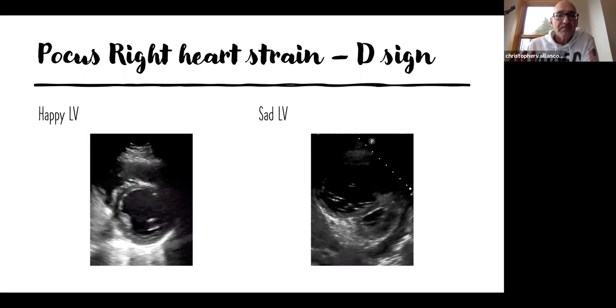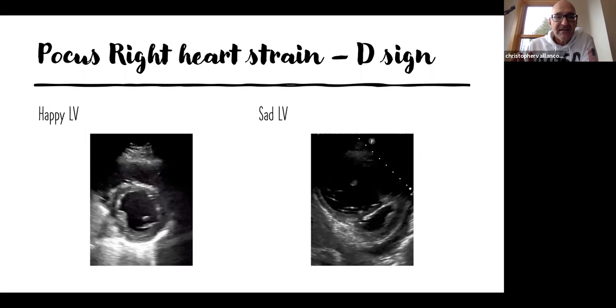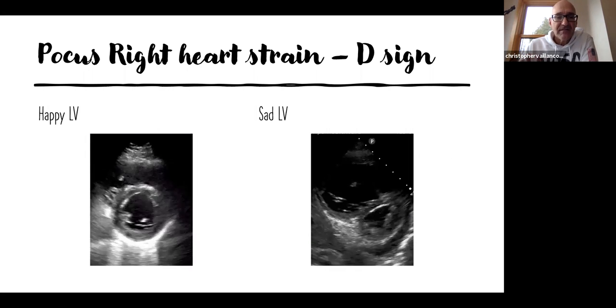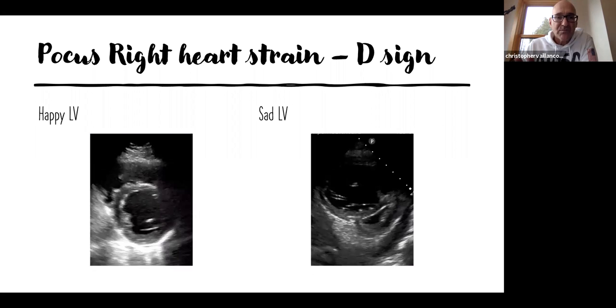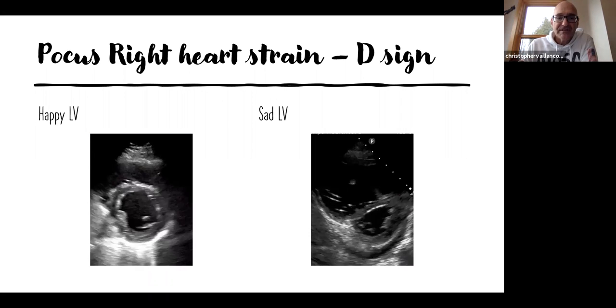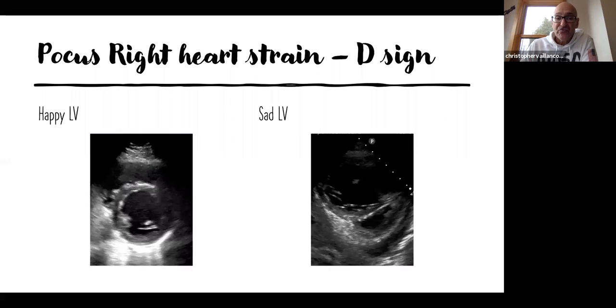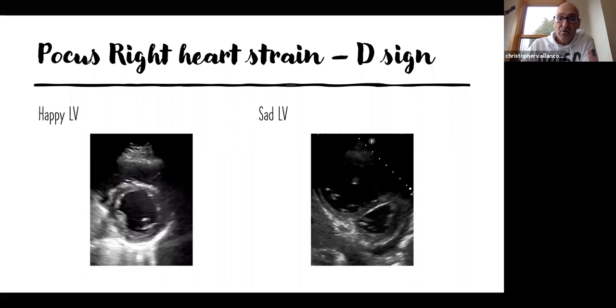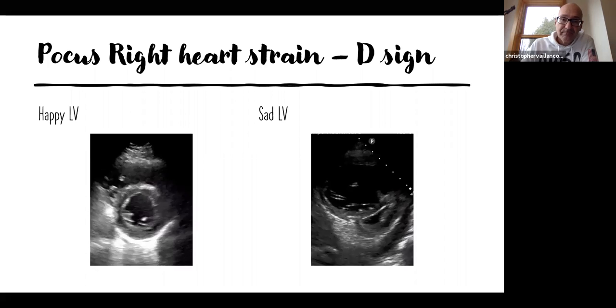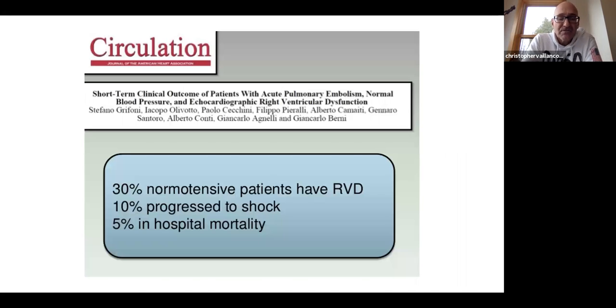So what I'm getting at is I really believe now, from everything I've read, that POCUS is probably going to be of big utility for us for risk stratifying these patients, the patients who are in trouble or are getting in trouble, or conversely, they're not in trouble at all. About 30% of patients that present with pulmonary embolus will have some degree of right ventricular dysfunction.